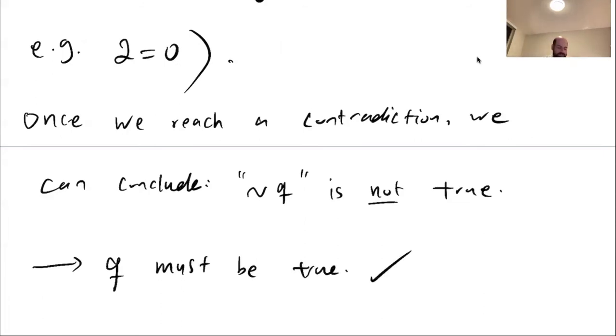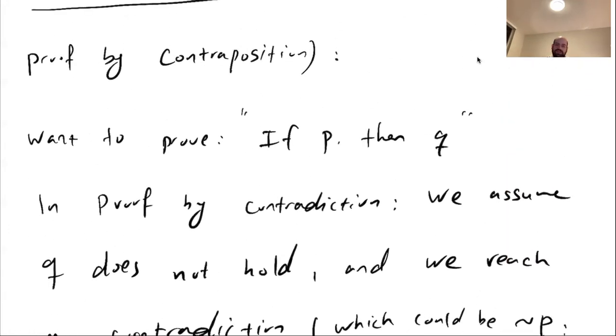Okay, let me explain one more time. We want to show that if P, then Q. We want to prove that Q is right. So in order to show that Q is right, let's assume that Q is not right, which is also what we do in proof by contraposition, and that's why I'm saying this method is very similar to proof by contraposition. In proof by contraposition, we assume negation Q is right and then show that negation P is right.